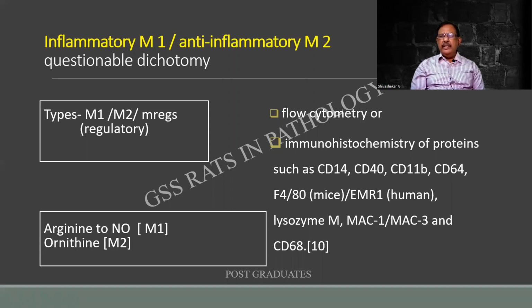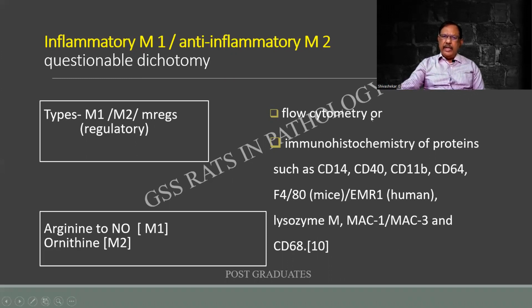Is it the same cell that is performing dual function, or is it two cells from the same lineage that are performing different functions? To add to the confusion, there is a third one called Mreg, which means regulatory. So there are basically three types of macrophages which you people should remember: M1, M2, and Mreg.